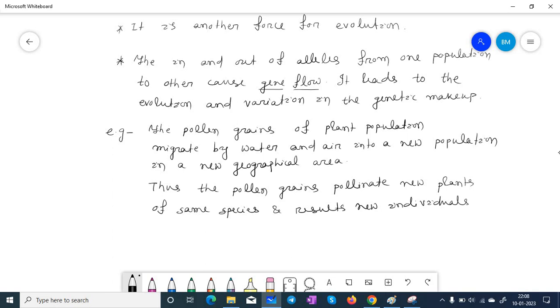This is one example, but the place is different, that means the habitat is different.